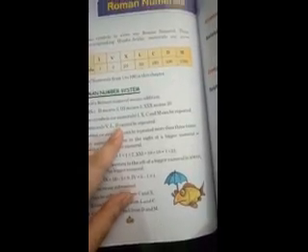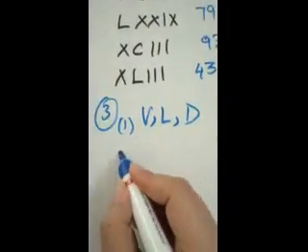It was given in the rules as well. The symbols which cannot be repeated are V, L and D. So in the 3 blanks, V, L and D is the answer of the first blank.